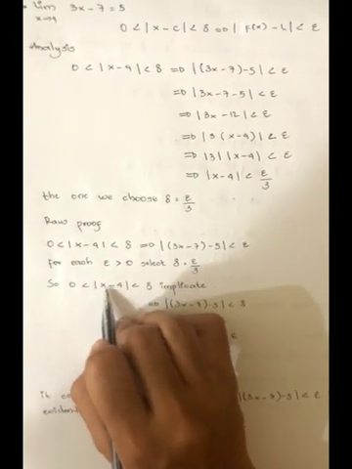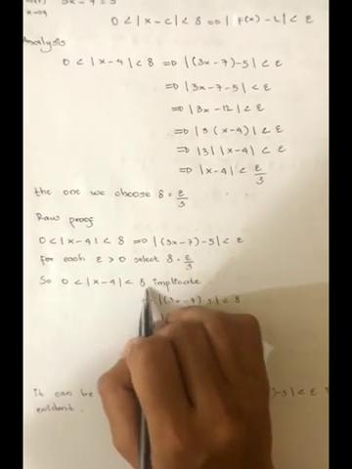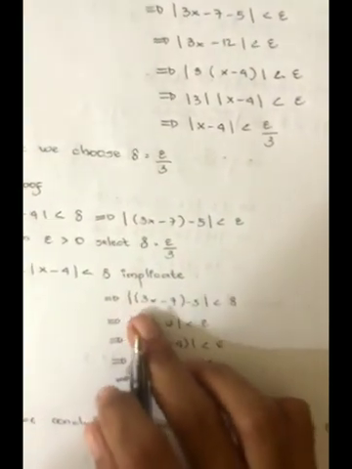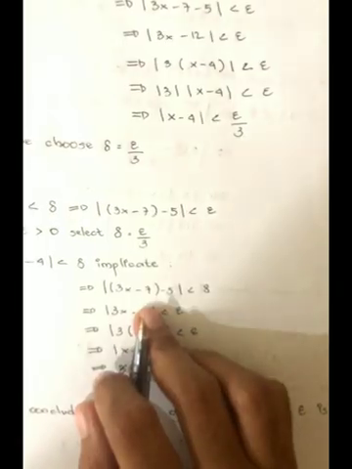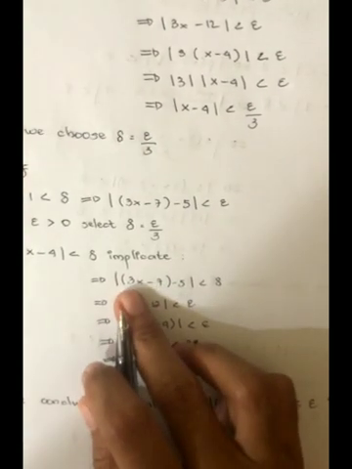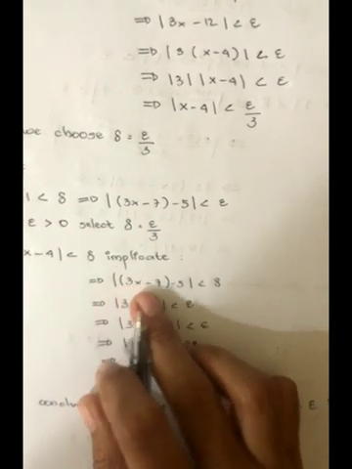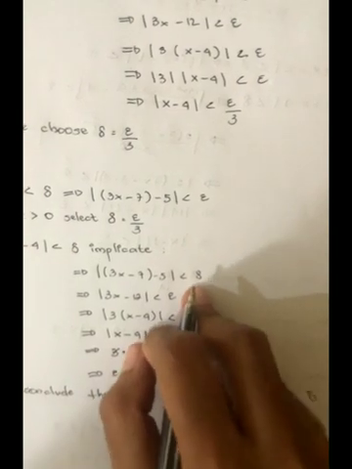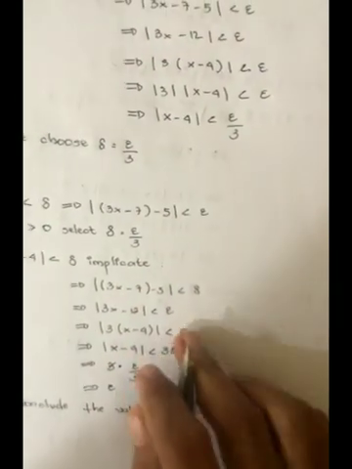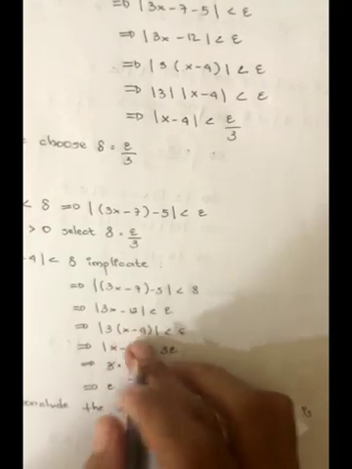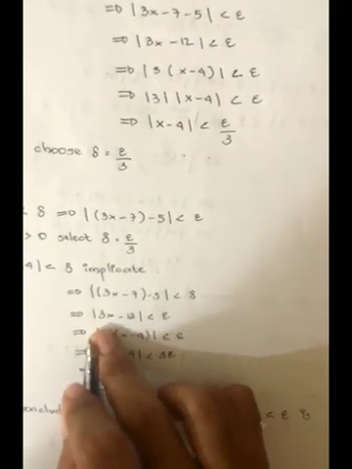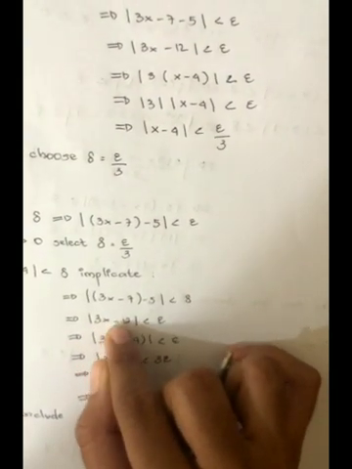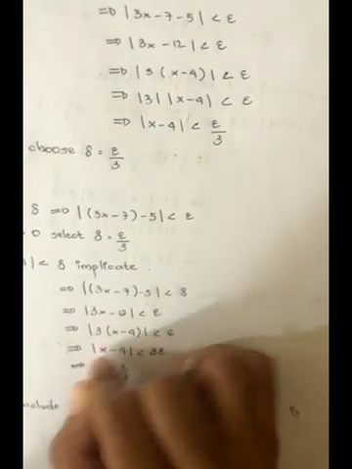So 0 less than |x minus 4| less than delta, we can write like this: |3x minus 7 minus 5| less than epsilon. Simplifying, 3x minus 12 less than epsilon.